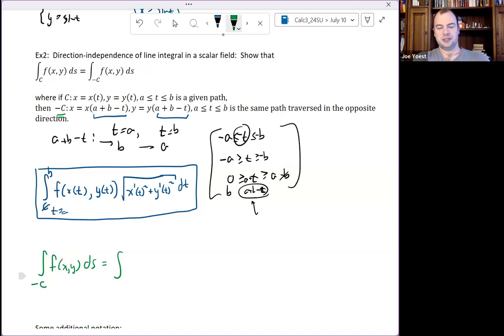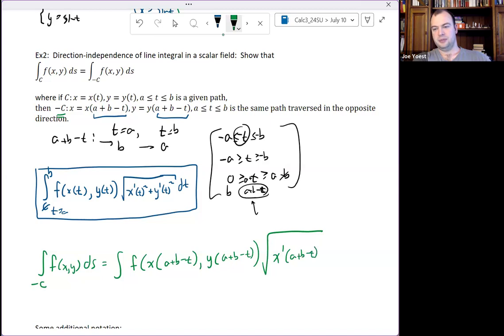So the integral over minus C of f of x, y is going to be the integral of f of x of a plus b minus t, y of a plus b minus t, square root of x prime of a plus b minus t squared, plus y prime of a plus b minus t squared, dt, t going from b to a.